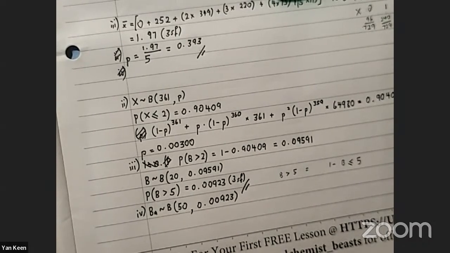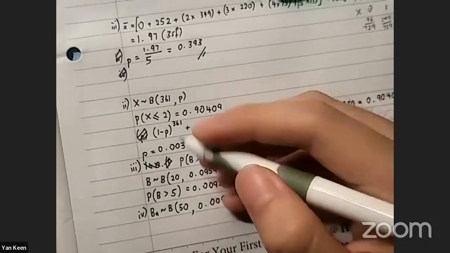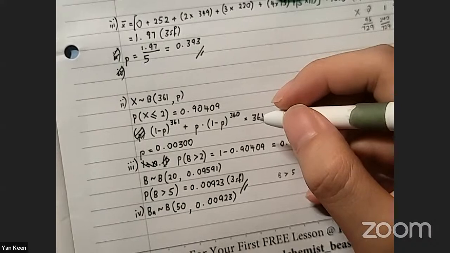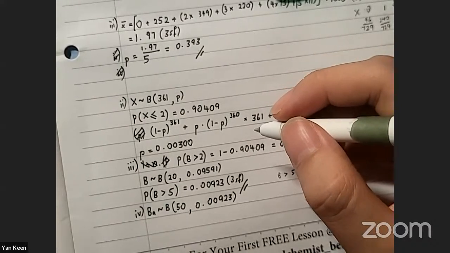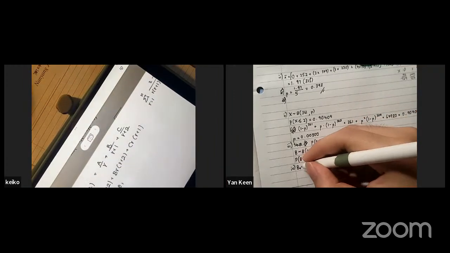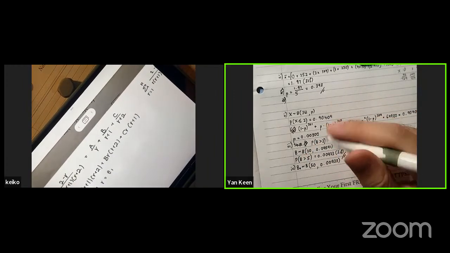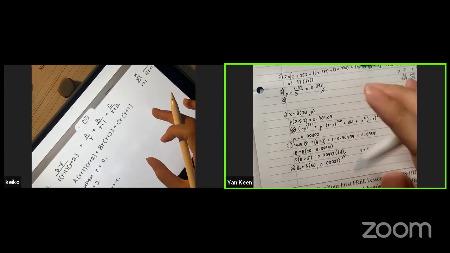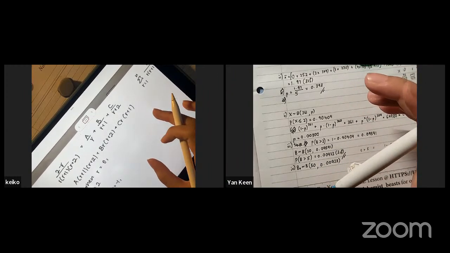So each week there's a 0.00923 chance that they'll get a compensation. What nonsense are you talking about? Wait, the 0.00923, that's 0.9%, right?